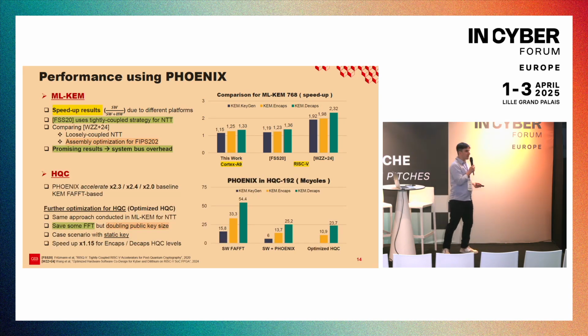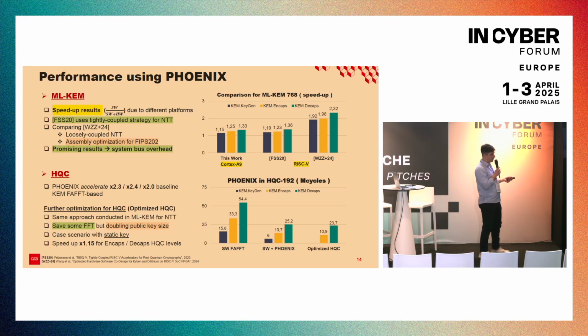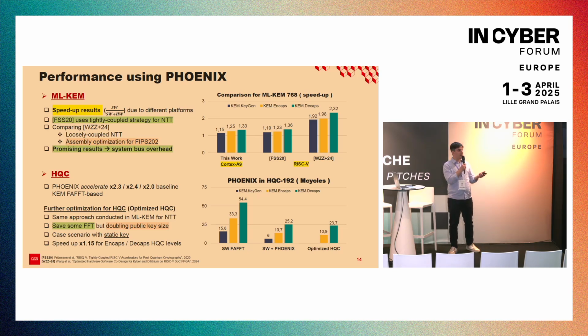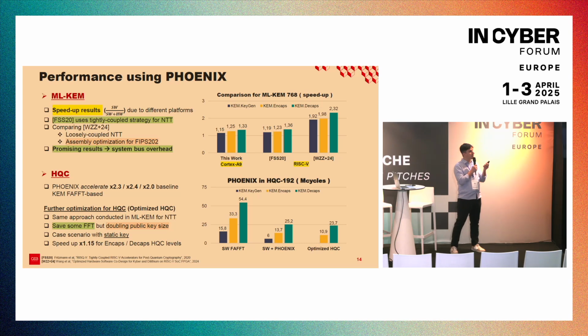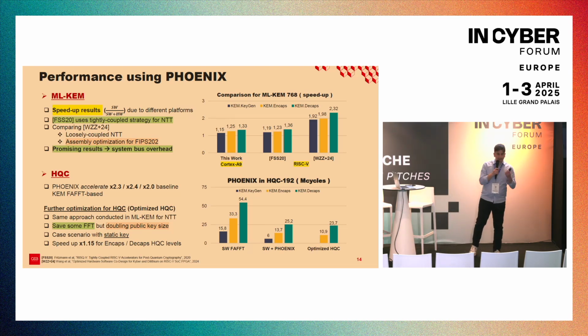So the story is different for the HQC. What we can do is compare our result, so the impact of Phoenix, which is the first contribution, because as I said before, there is no state of the art about the integration of the Frobenius in the HQC. And what we can notice is that the introduction of Phoenix improved the performance in terms of speed-up factor between 2 and 2.4.